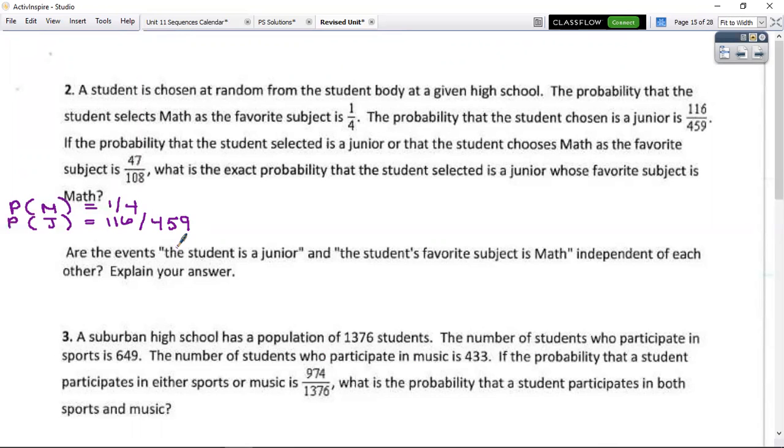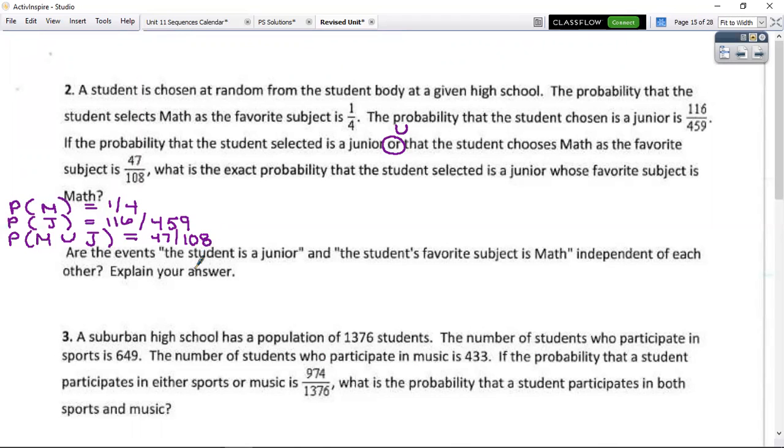Next, the probability that the student selected is a junior or chooses math as their favorite subject, so or means which one, union or intersection? Union, good. So I'm going to go probability of M or J, and I know some of these notations look weird, equals 47 over 108.